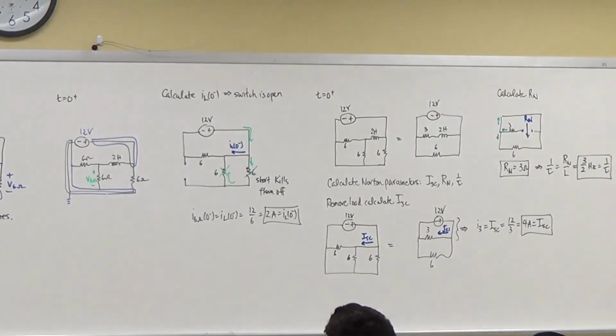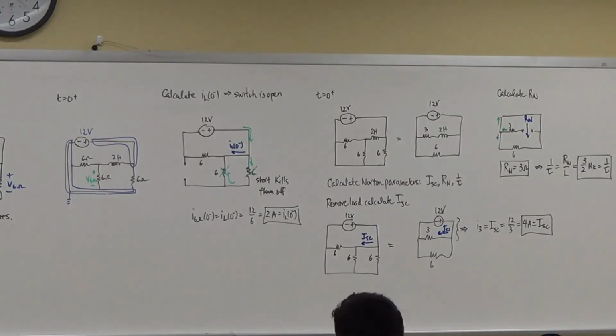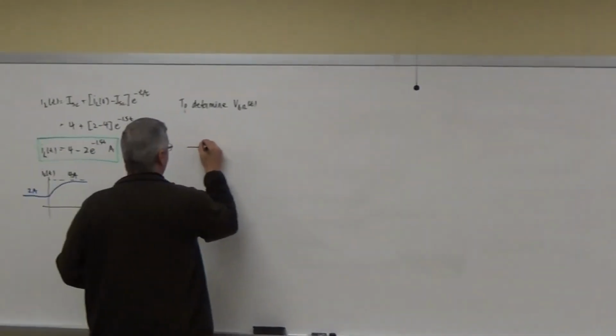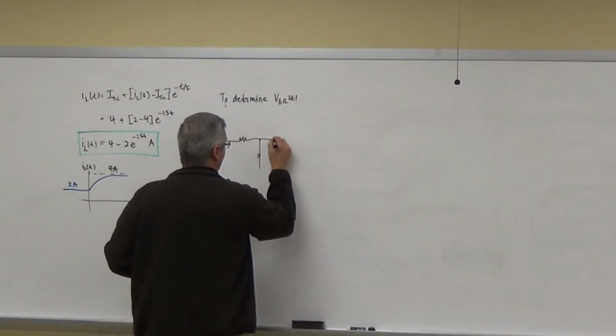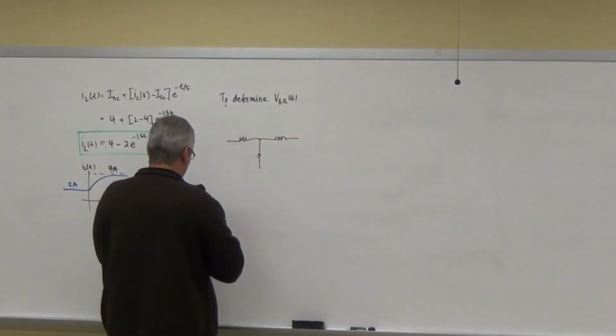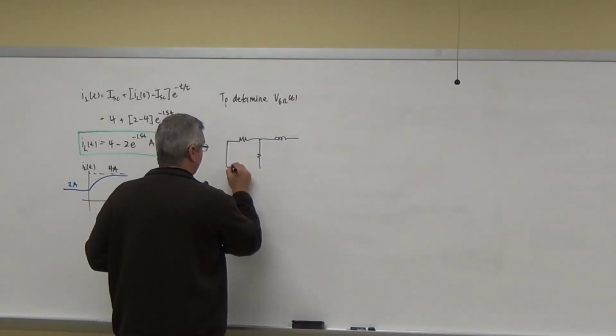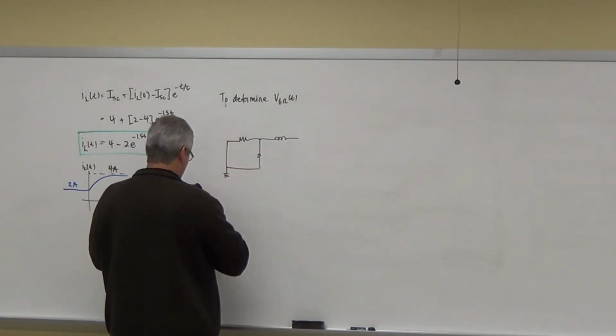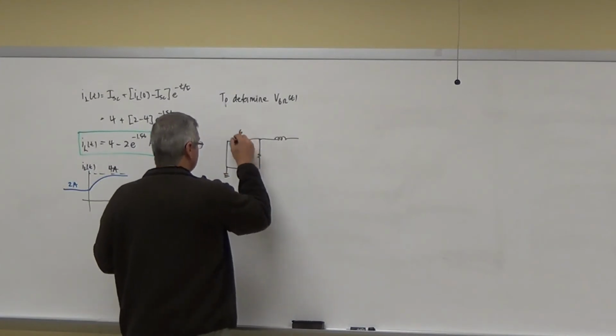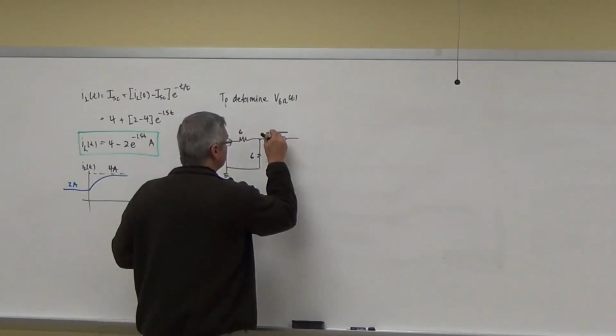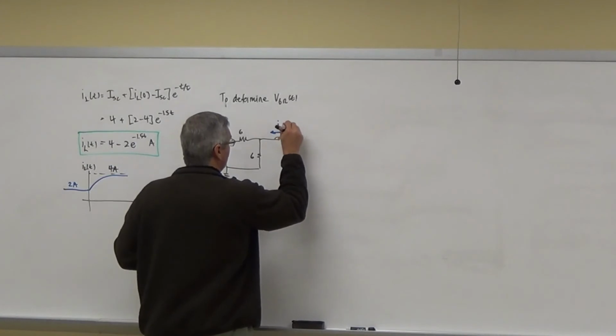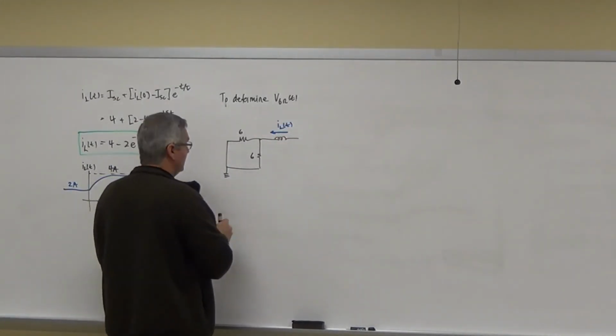Right? So if I now solve for this thing here, to determine V6 ohm of t, we have the 6 and the inductor coming in like this. So I'm getting 6 here, and I see this inductor coming in like this, and clearly I'm going to get half of this.